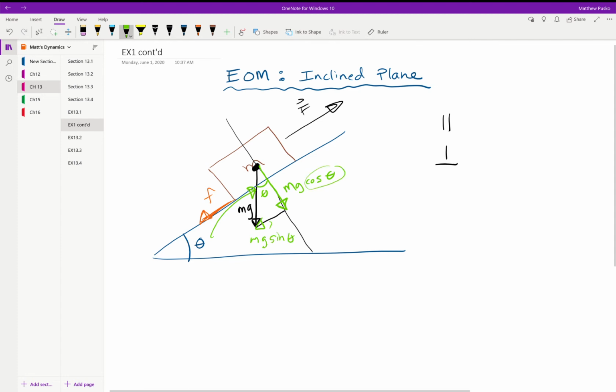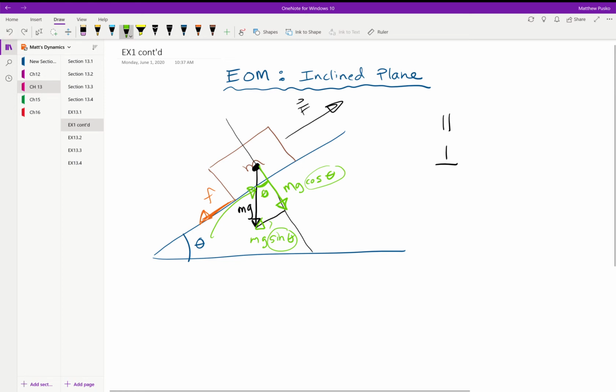A lot of people automatically think that this is x, so they go with cosine. That's not the case. The y or perpendicular direction is cosine theta, because this becomes our angle theta, not this.